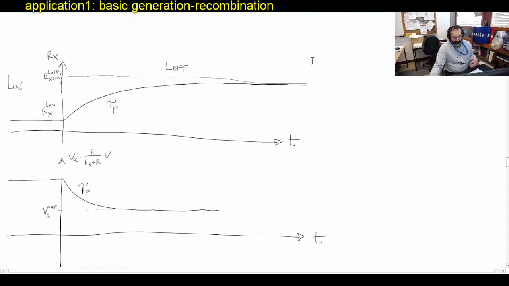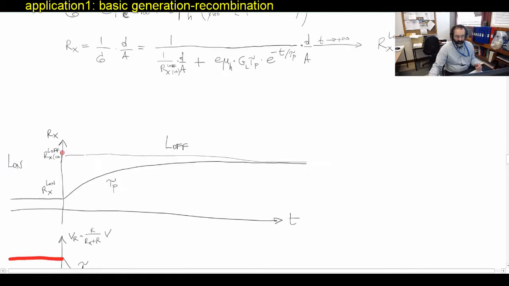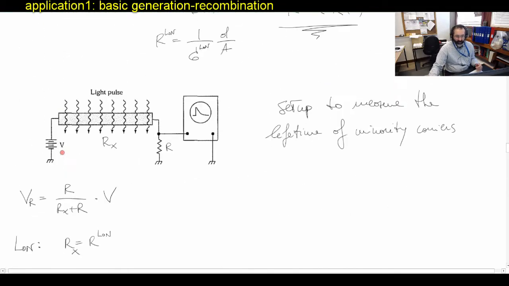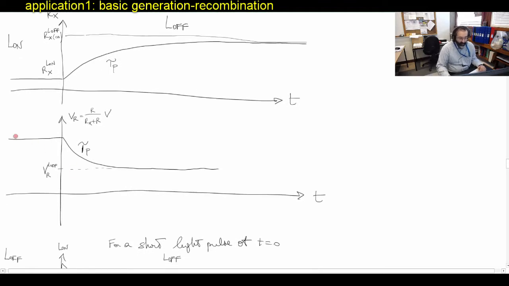Because the resistance has this behavior, and given that the voltage we are measuring is the voltage divider, the voltage we measure in the above circuit through this voltmeter, or maybe an oscilloscope, has this shape. V will be high when the light is on, because Rx is small.